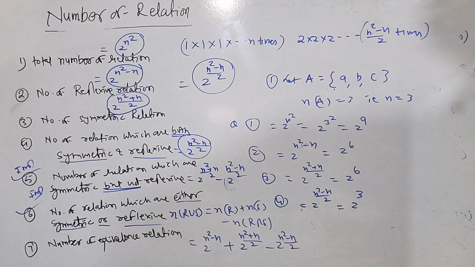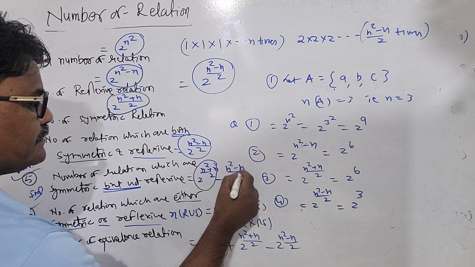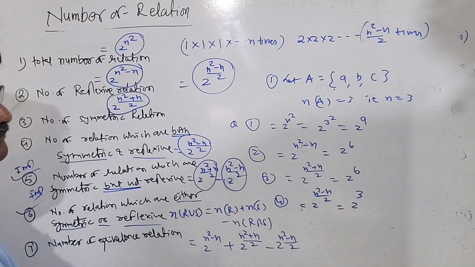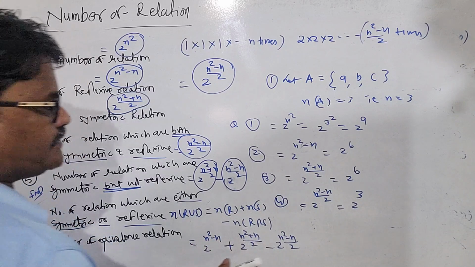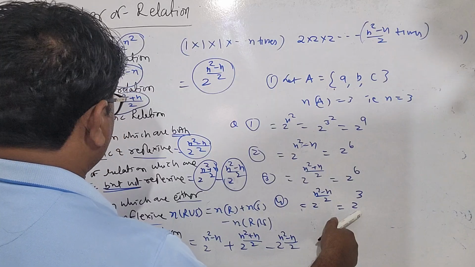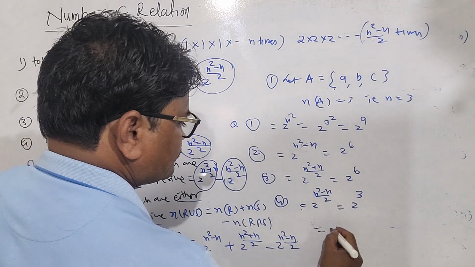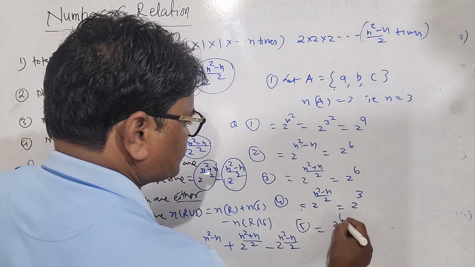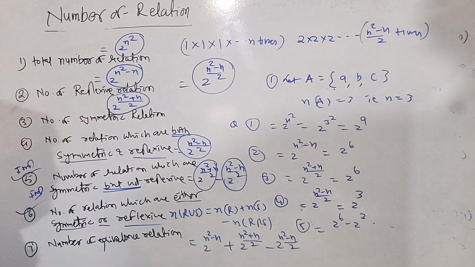The number of relations which are symmetric but not reflexive. So this formula, symmetric minus symmetric and reflexive. So the fifth one is 2 to the power 6 minus 2 to the power 3.